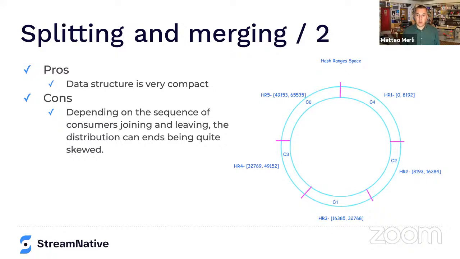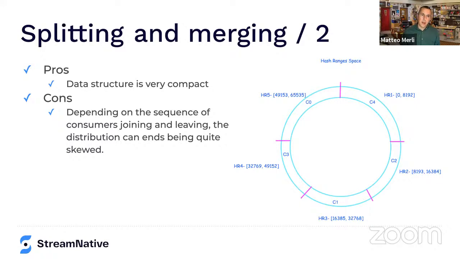You just have a tree map with 5 elements here, one per consumer, and you can figure out which consumer is handling this hash range. If I have this message, this key, I take the hash, I get a number, and with this number I can figure out which consumer owns that message.